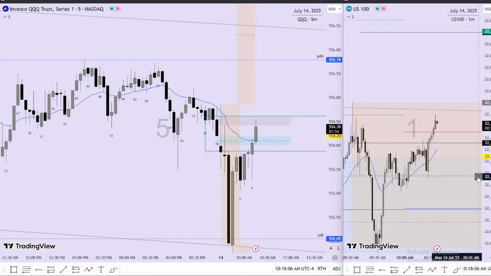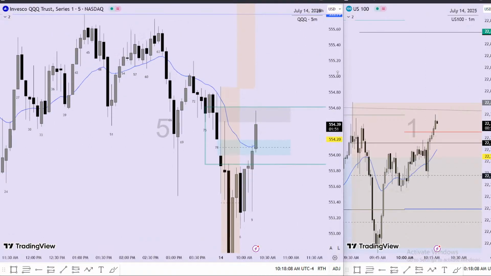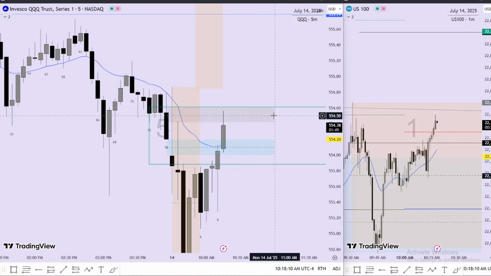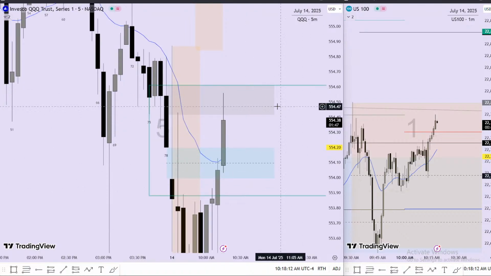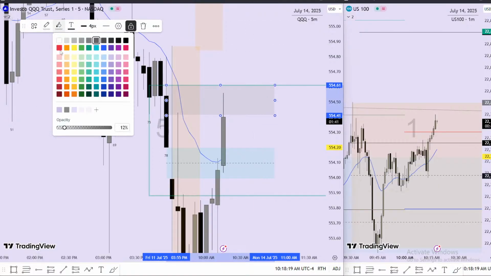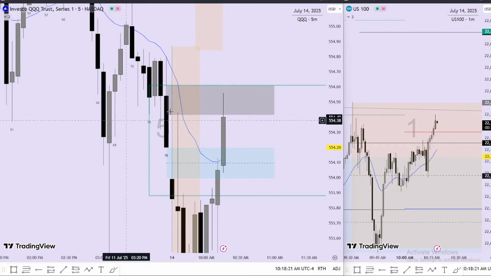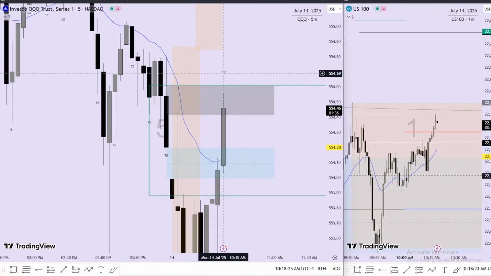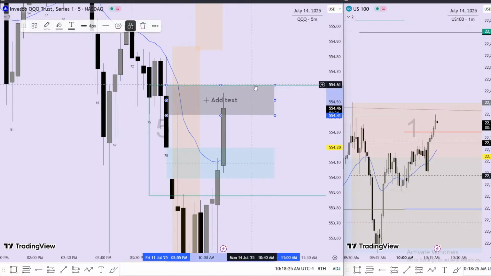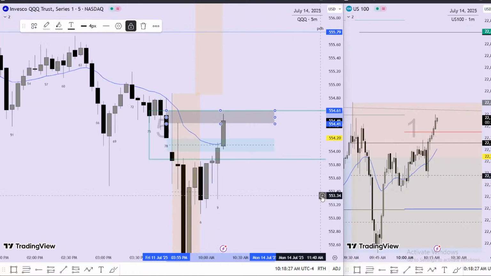Bulls are trying to get a close above the moving average, which is good for the bulls. Really good for the bulls. Bulls should not get rejected at this black box and fight its way above 554.61.